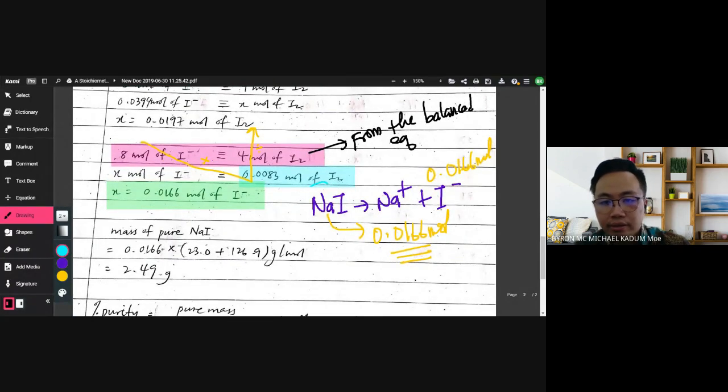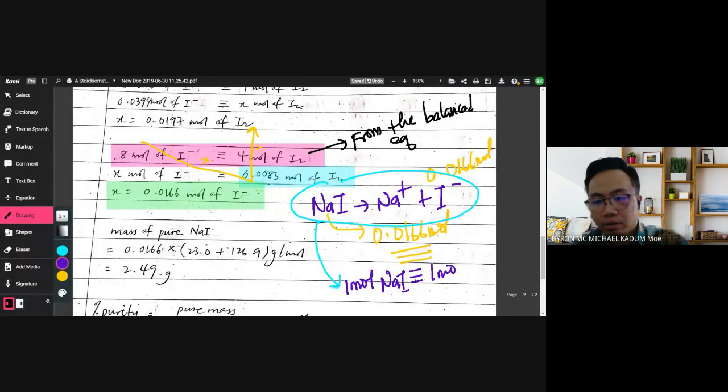From here, nisbah dia sekarang adalah 1 mol NaI will make 1 mol I minus. Jadi, kalau kita ada 0.0166 mol of I minus, kita akan ada 0.0166 mol of NaI juga.